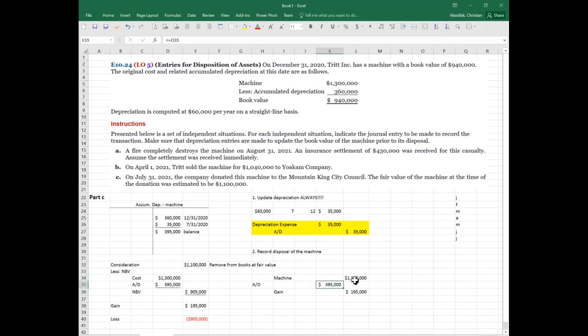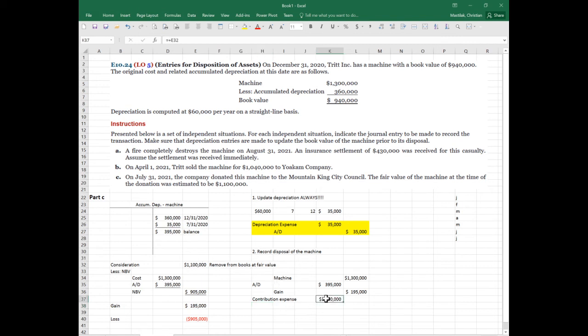We only have credits. We only have $395,000 of debits, and we're going to record contribution expense. And this gives us the benefit of whatever goodwill or public relations benefit we might have gotten. We got $1.1 million of benefit for the contribution.